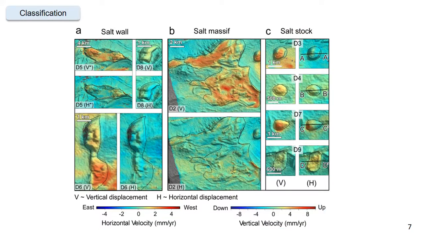Based on the remote sensing mapping of superficial geometry and their surrounding strata, we categorize the salt structures in the Kalut into 4 types. It consists of salt walls, salt massif, salt stocks, and salt wells.